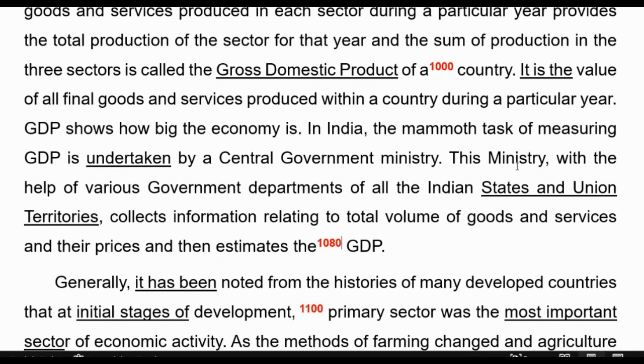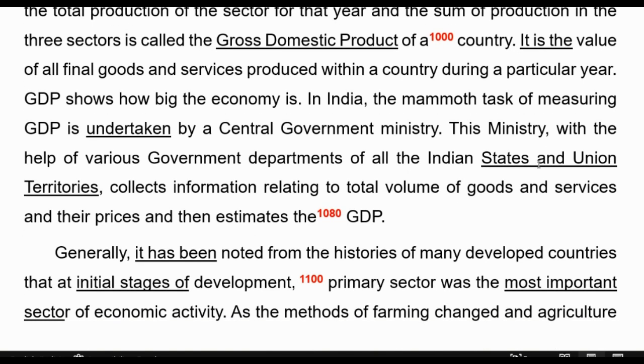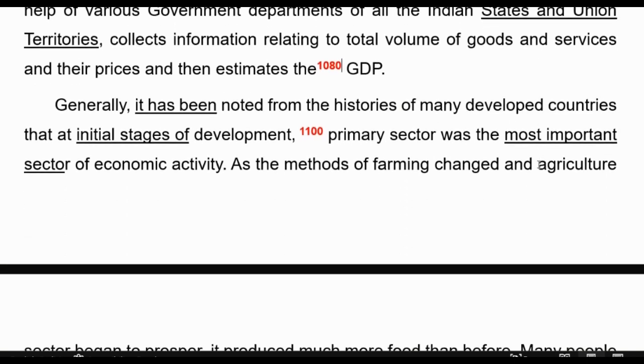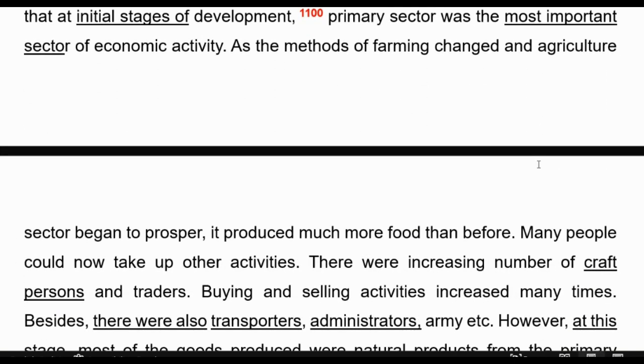Generally, it has been noted from the histories of many developed countries that at initial stages of development, primary sector was the most important sector of economic activity. As the methods of farming changed and agriculture sector began to prosper, it produced much more food than before. Many people could now take up other activities.